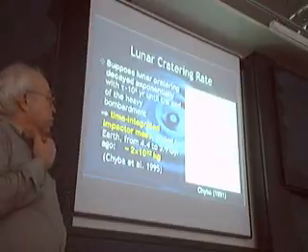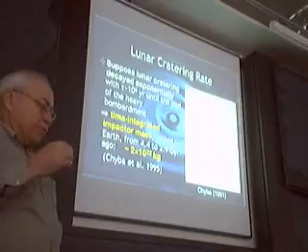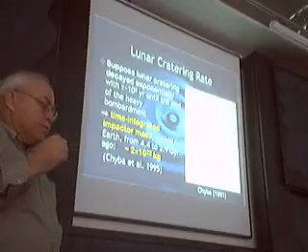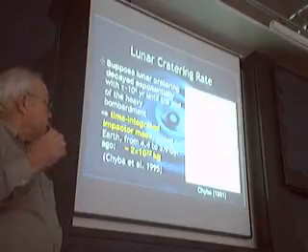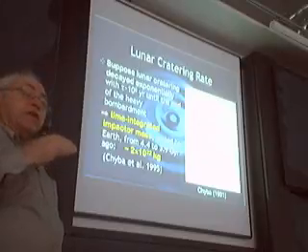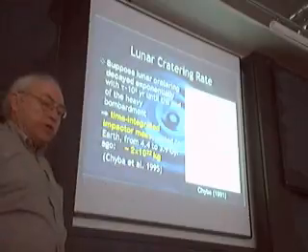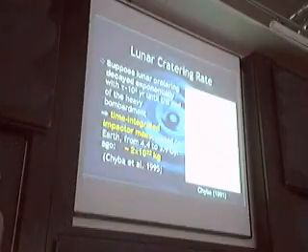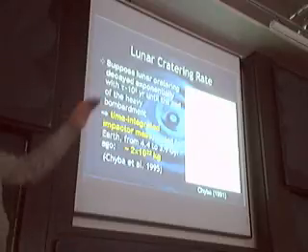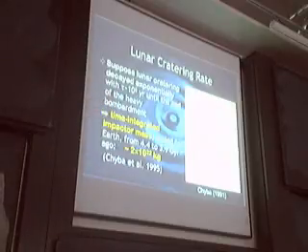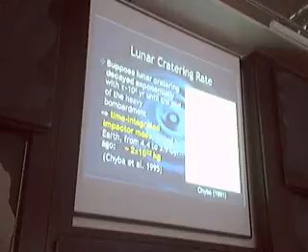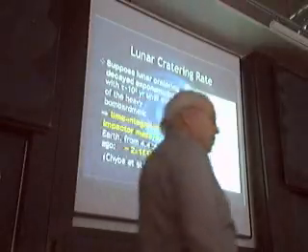But you could imagine that everything was shocked during this period of extremely heavy bombardment, so that all the radioactive clocks were reset all the time until this period. It's possible to think like that.